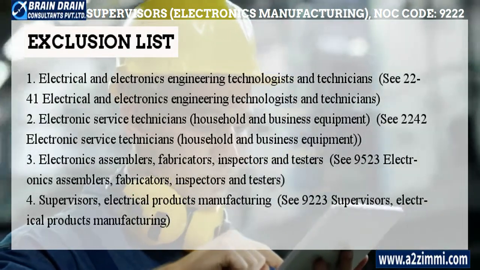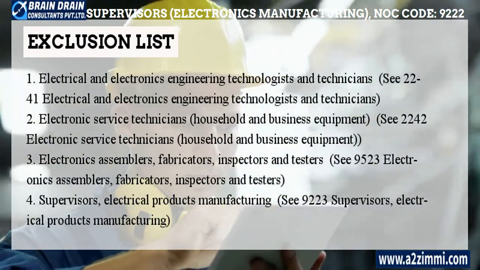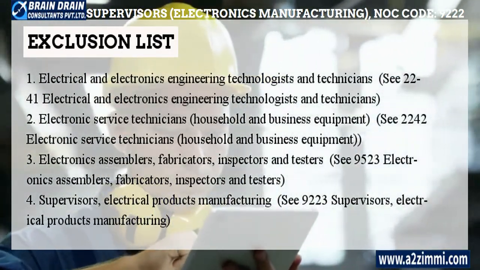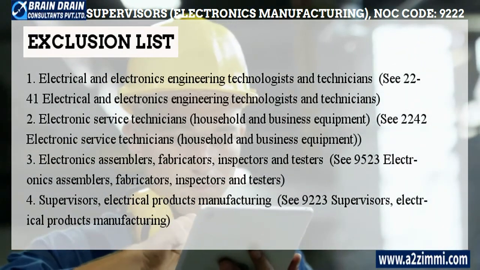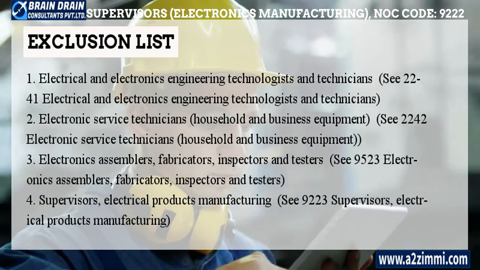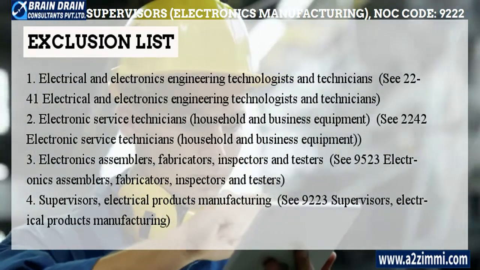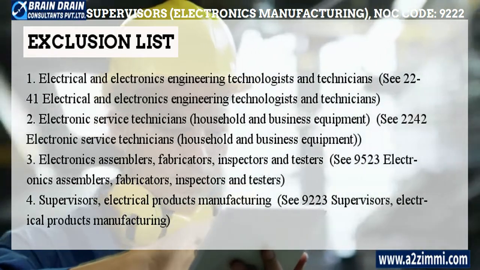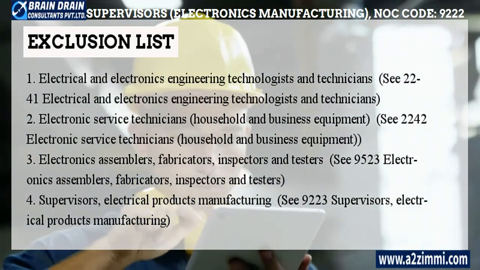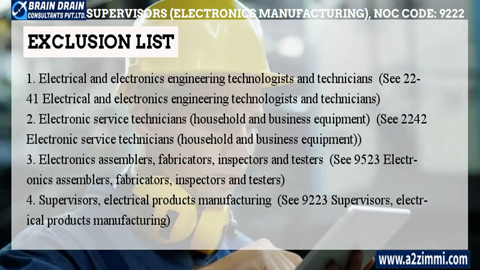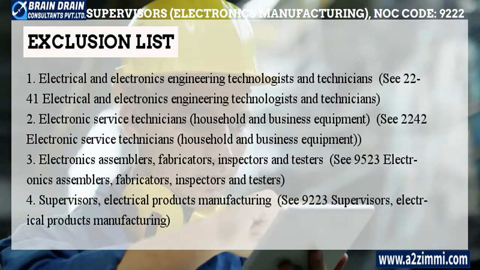Now let's see the exclusion list. Electrical and Electronics Engineering Technologists and Technicians, C2241. Electronic Service Technicians, Household and Business Equipment, C2242. Electronics Assemblers, Fabricators, Inspectors, and Testers, C9523.